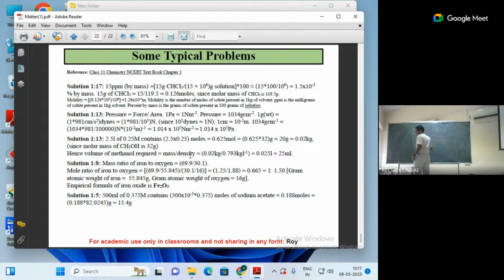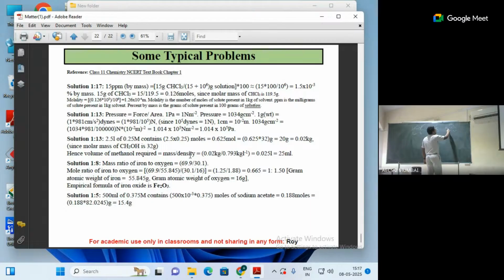You explain to them the steps, what you are doing. So let's say we have 100 gram of solution. In it, let's say 15 gram is H2SO4. 98.04 volume will contain 0.153 moles, so you can divide it and find it out.